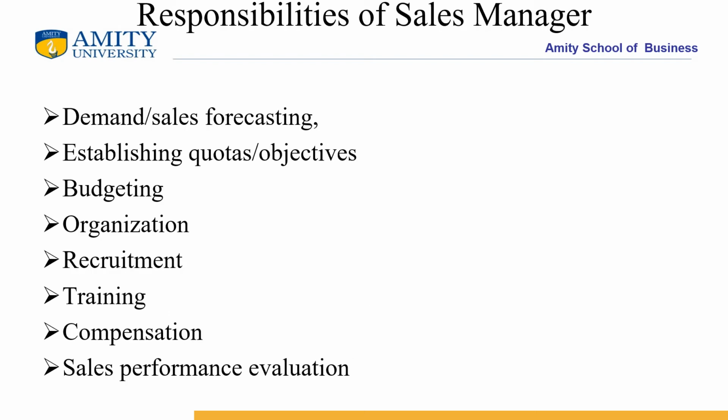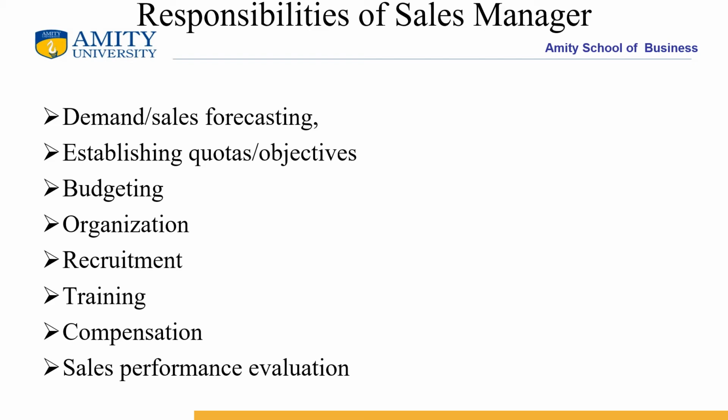Let us look at the responsibilities of a sales manager. A sales manager is responsible for forecasting the demand and sales figures. He also establishes quotas and objectives. He helps in budgeting.